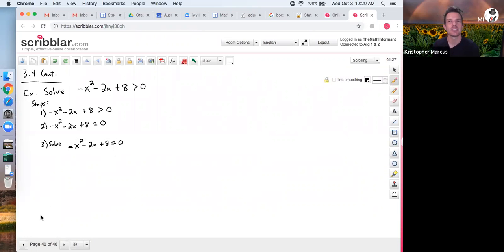You're allowed to negate everything. You'll notice the pattern. You can multiply everything on the left side by a negative sign. The reason I want to do it is because I don't like negatives in the front. They confuse me. So I'm going to negate it.